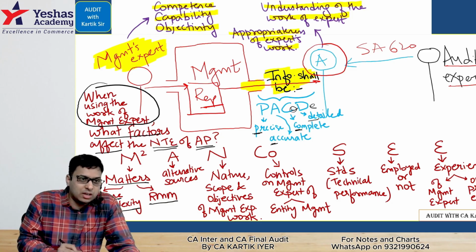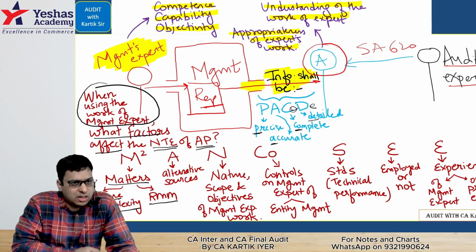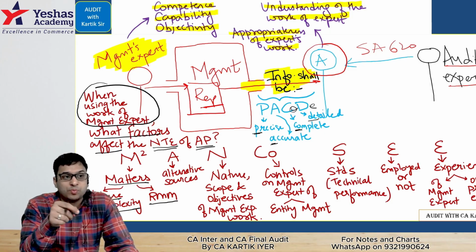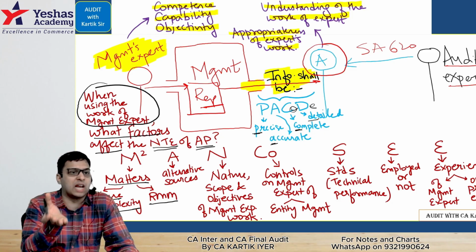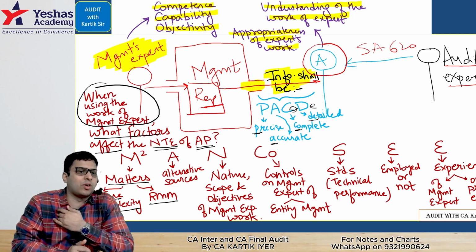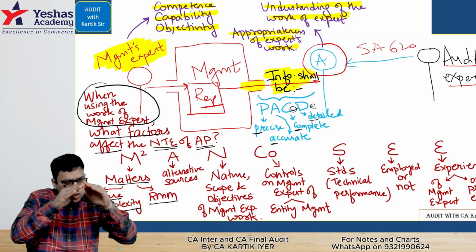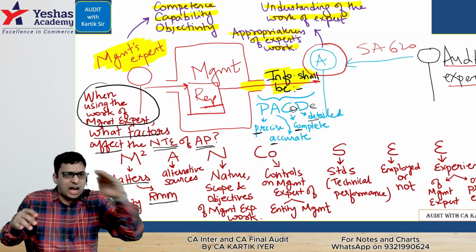Risk of material misstatement: what is the chance of a big accounting error happening regarding this matter? If there is a chance of a huge accounting mistake happening, in that case the RMM is high. If the RMM is high, it becomes very important for me that her report should be proper. That is another factor. So with matters, you have two: nature and complexity, and RMM.